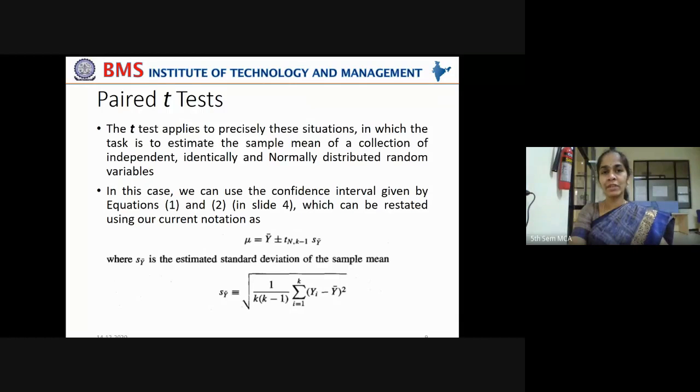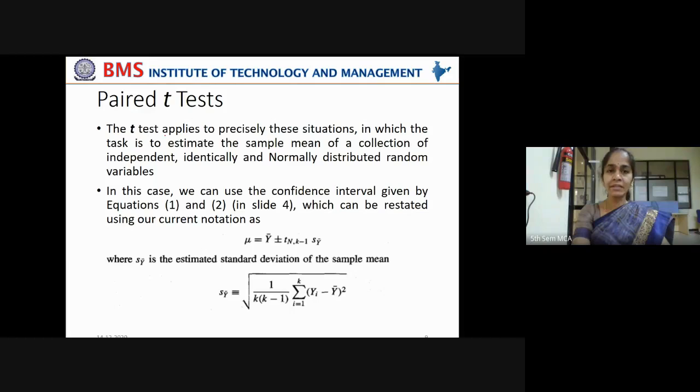Immediately you should be able to say it is a paired t-test, right? In the previous case, we have the same sample being tested with both learning algorithms, and we can easily do that because we know the mean as well as the standard deviation. But when the standard deviation of a distribution is not given, then you can go for paired t-tests.